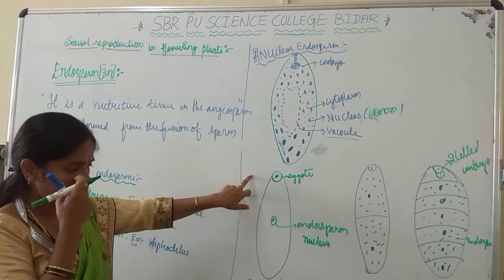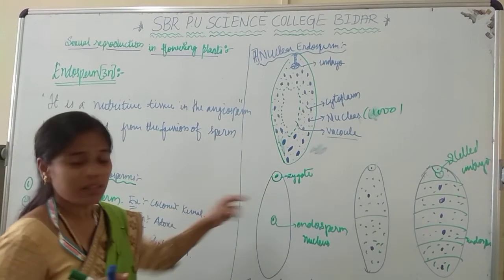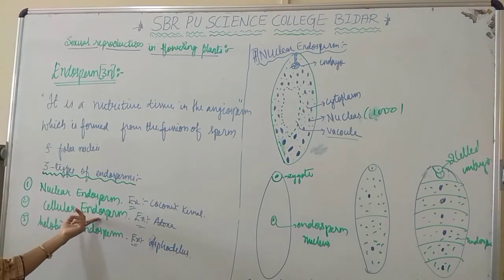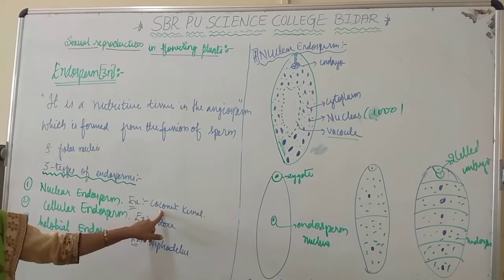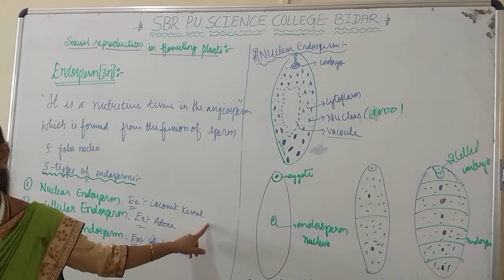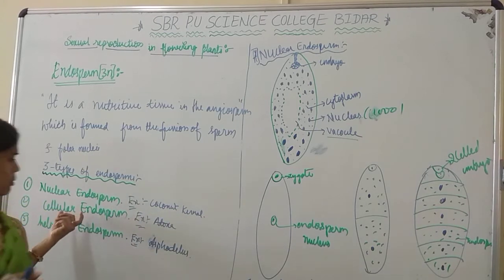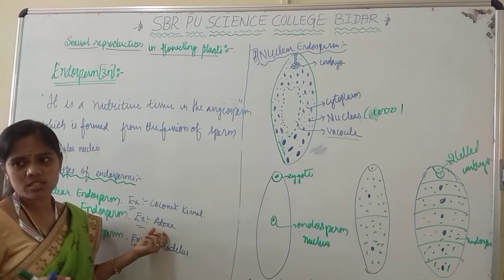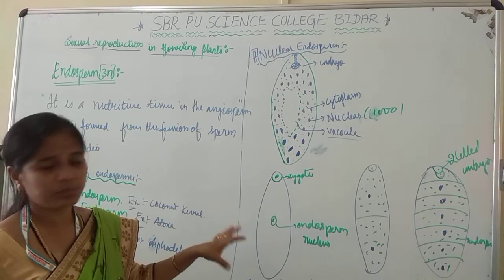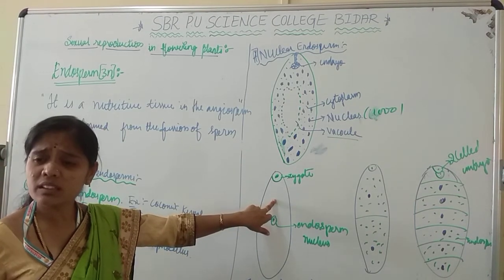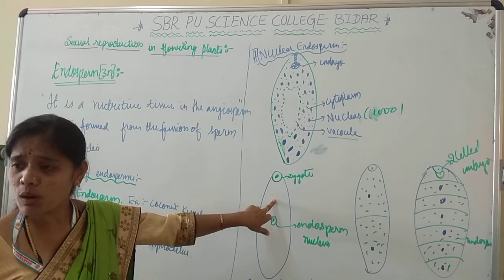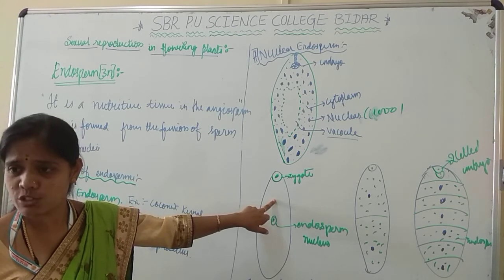Then what about the second type? This is the second type, that is the cellular endosperm. So free nuclear is what you have seen in the coconut. Then what about the cellular type, Adoxa? Adoxa is a variety in which this type of endosperm forms after the fertilization.